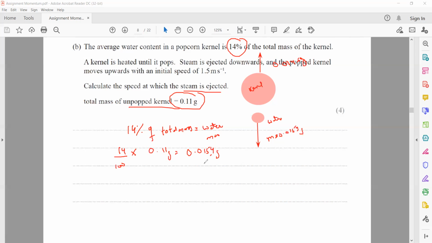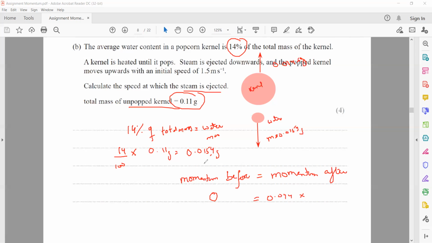Initial momentum is 0, so final momentum should also be 0. Conservation of momentum: momentum before is equal to momentum after. So momentum before is 0, so momentum after should also be 0. The mass of the kernel, that is 0.094, multiplied by speed.